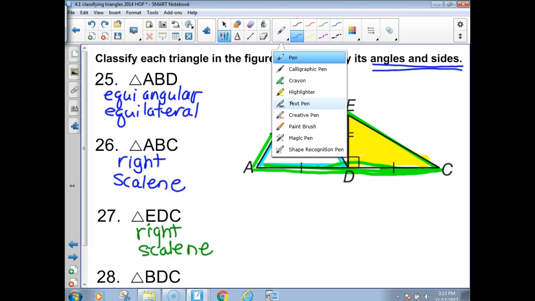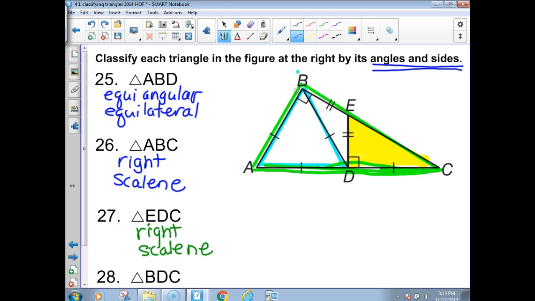Okay, now I'm going to find BDC, and that's the one I don't think a bunch of people saw. There's the 5th triangle right there. One, 2, 3, 4, and then the big one, 5.